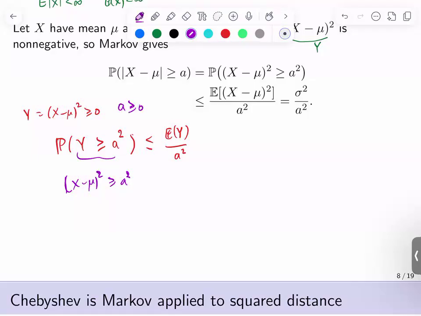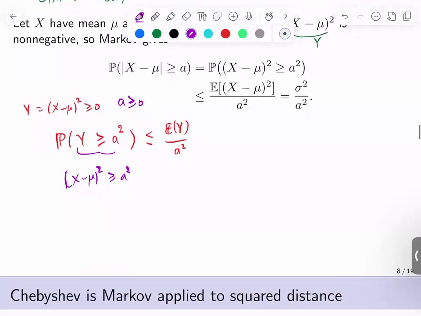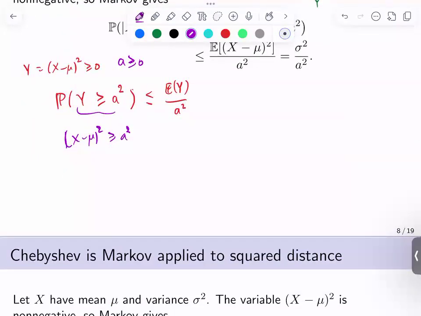We're going to assume this doesn't matter. So this is the same as that, and this is equivalent to the absolute value. If I take the square root of both sides, this is equivalent to this. The square is bigger than a squared if this is true, and this side would be just the expectation of (x minus mu) squared, and this is really the definition of the variance.